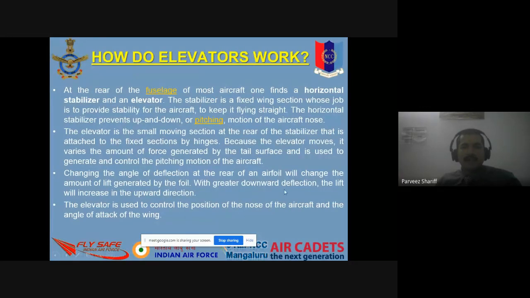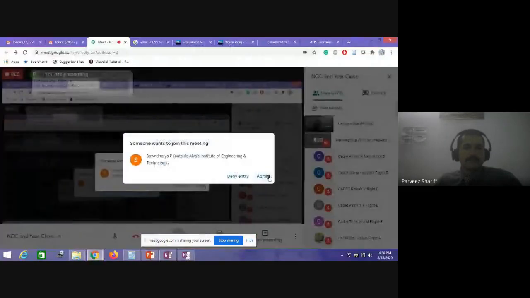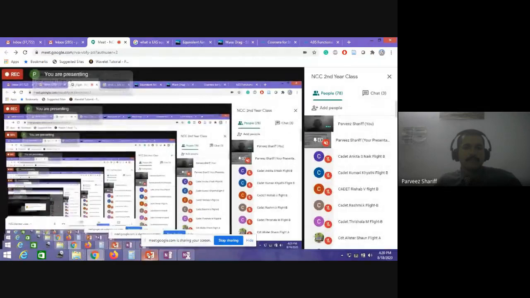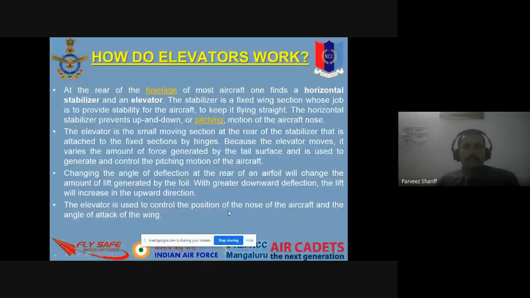With greater downward deflection, the lift will increase in the upward direction. The elevator is used to control the position of the nose of the aircraft and the angle of attack of the wing.